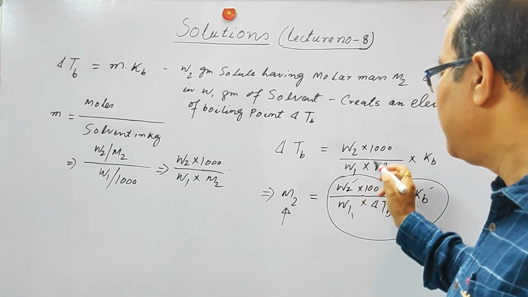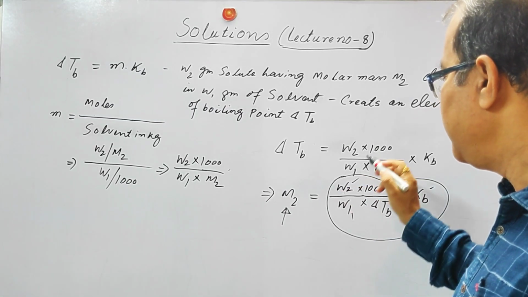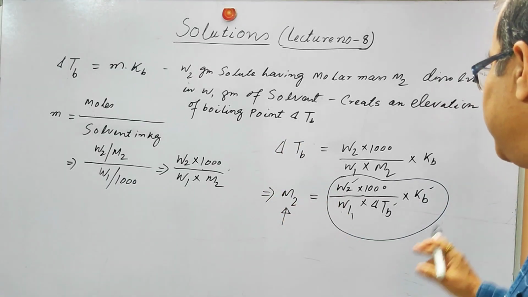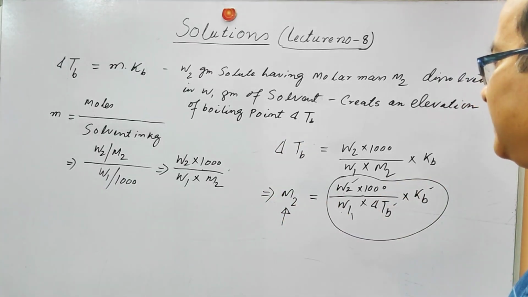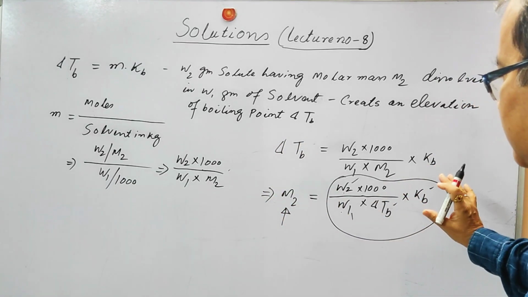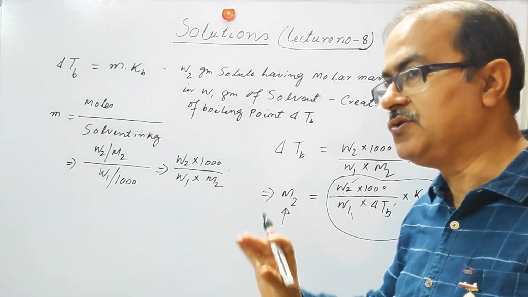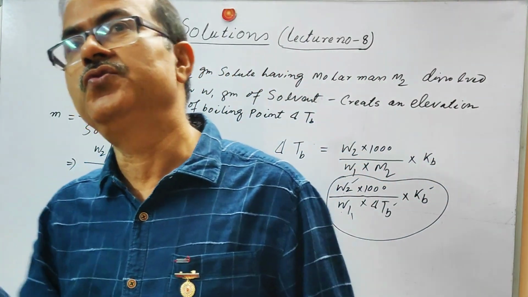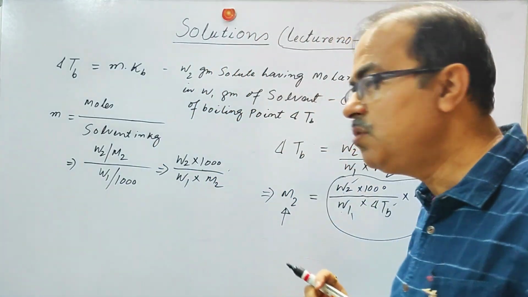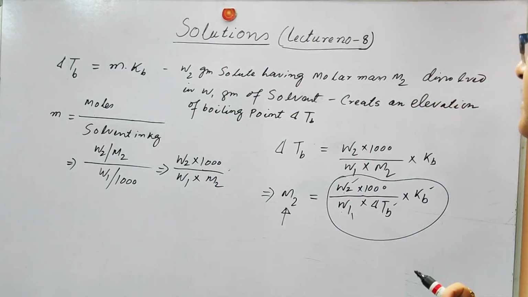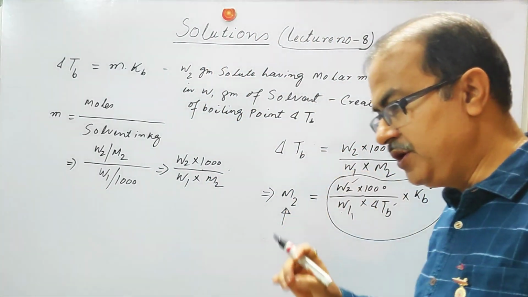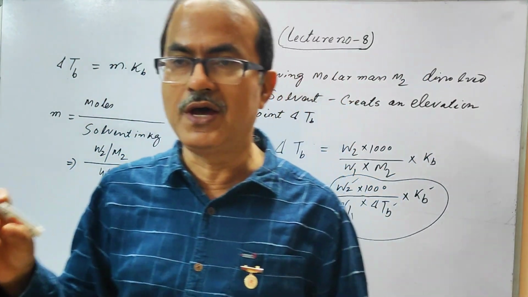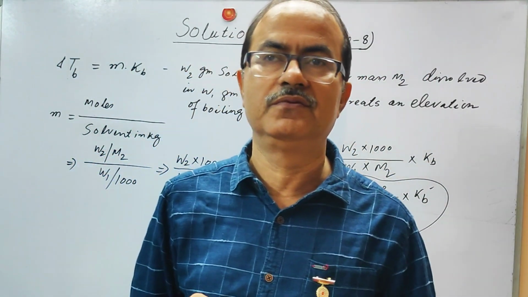By knowing the weight of the solute, the weight of the solvent, the elevation of the boiling point, and also the Kb, you can easily determine the molar mass of the solute. So this is a very important relationship.